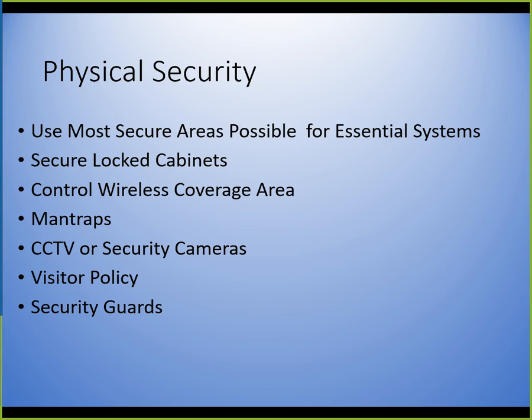The problem with some of these most secure areas is they're also the least traveled areas, so it's easy to have sometimes a lot of time to try to compromise them. Secure lock cabinets. Control the wireless coverage area so that we're not blasting into the parking lot. Somebody can compromise to get onto our network, then they're inside our private network without going through the firewall.